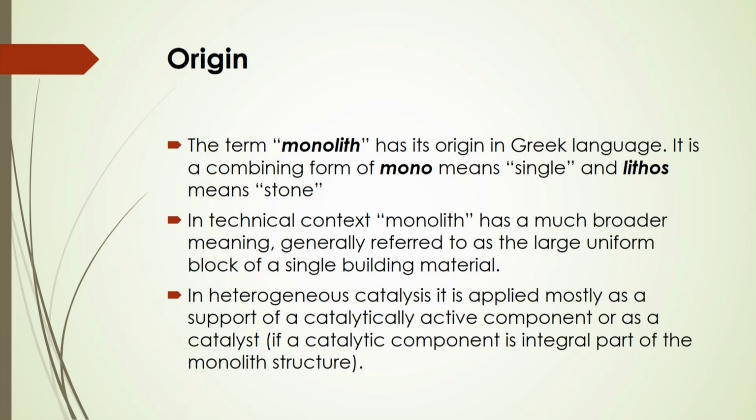This type of structure may be used in a heterogeneous catalytic reactor, where the heterogeneous catalyst is applied mostly as a support of a catalytically active component, or as a catalyst if a catalytic component is an integral part of the monolith structure.